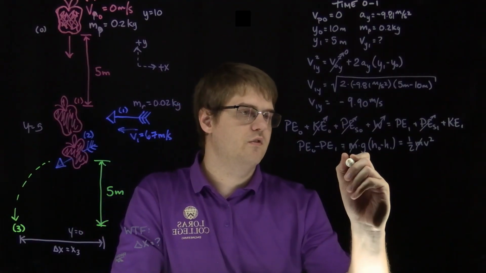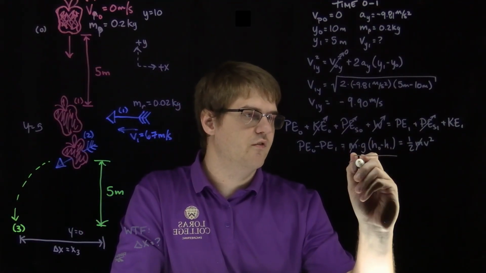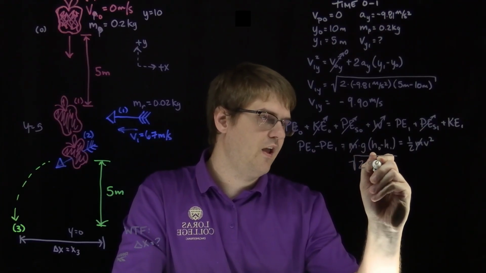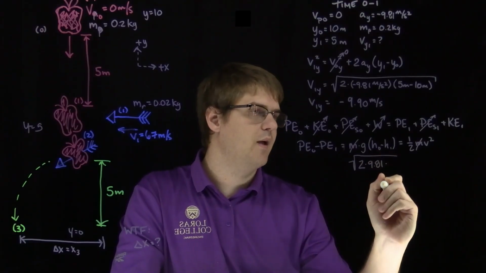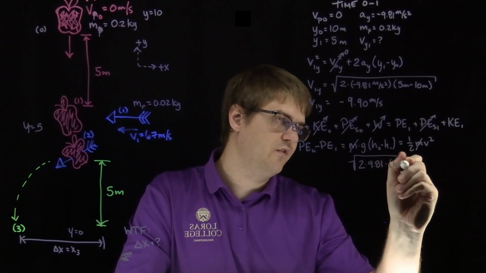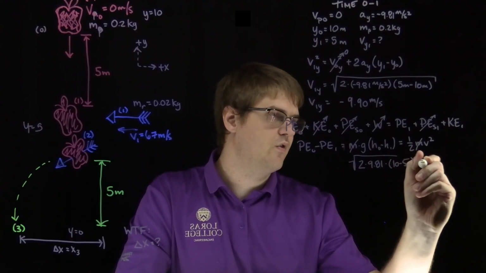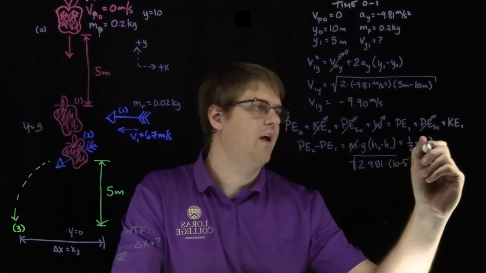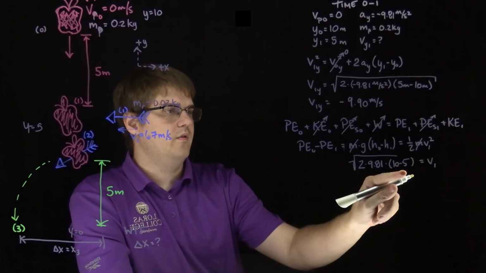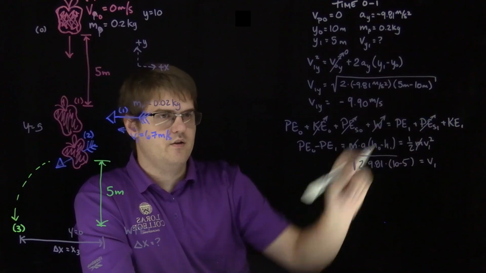So I have the square root of 2 times 9.81 times h0 minus h1, which is 10 minus 5, is going to be equal to my velocity at 1. Well, that is the same equation that I have right there.